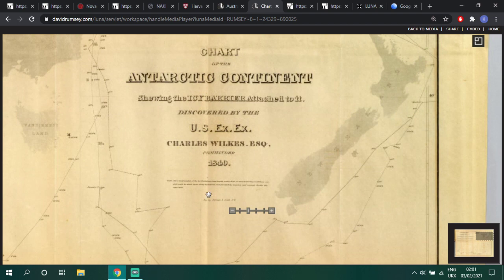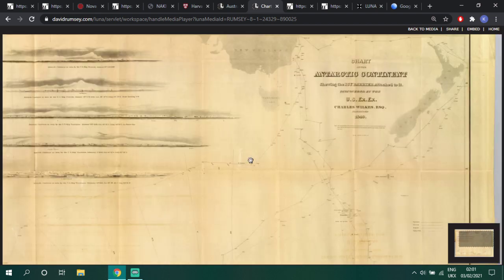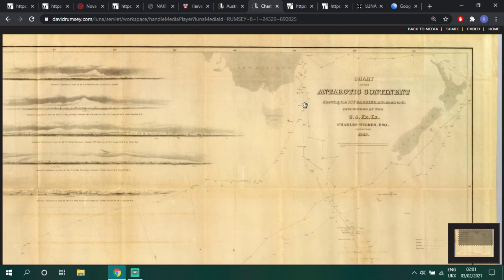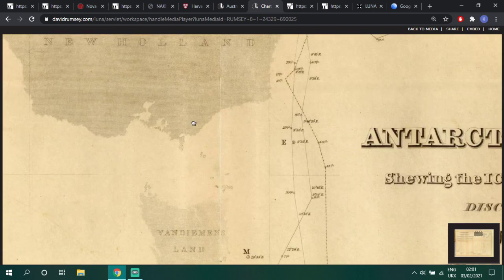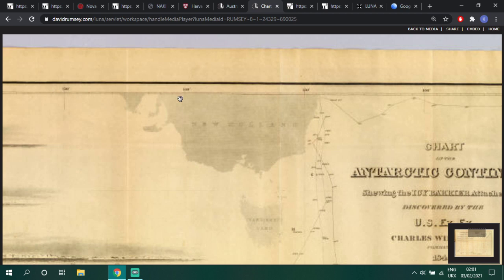All right. And it charts the route from Australia, Tasmania, which on this map is still Van Diemen's Land, and New Holland, right?